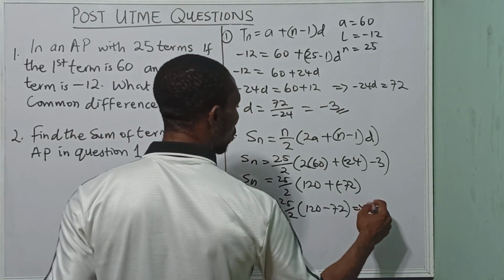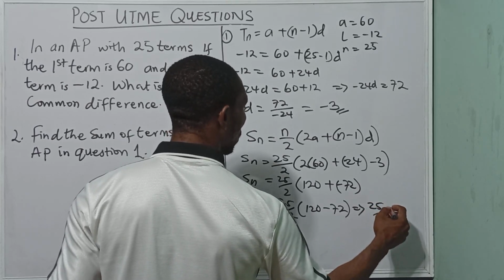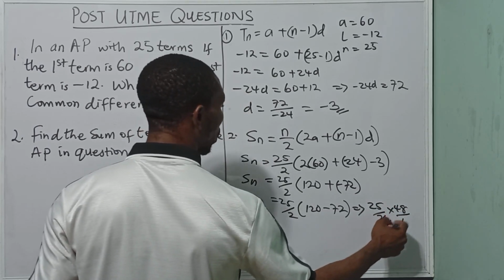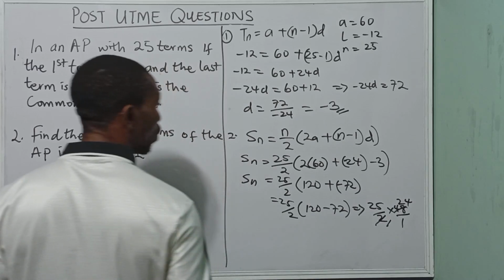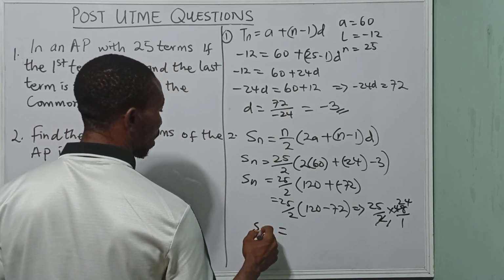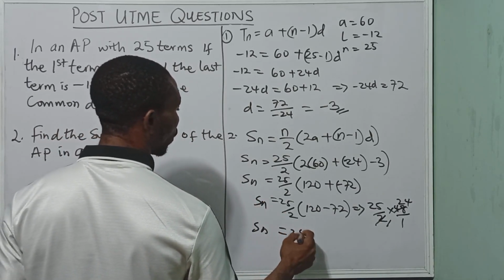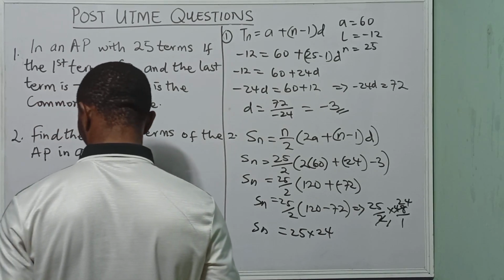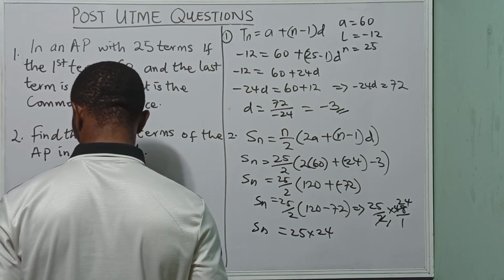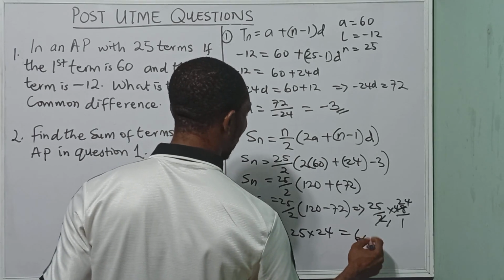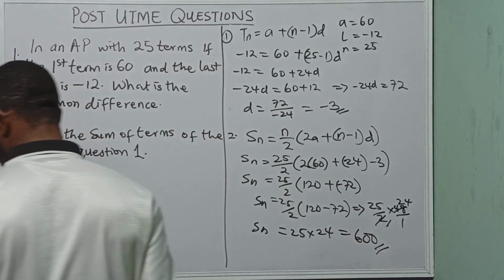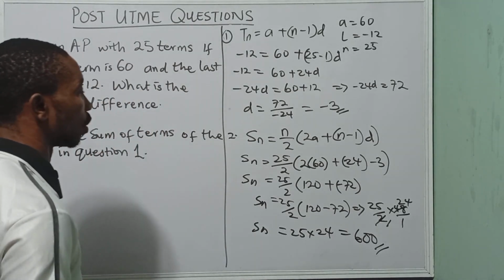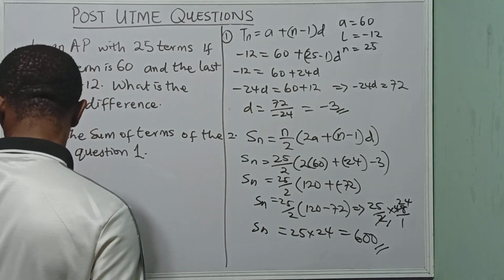So this gives us 25 over 2 times 48 over 1. 2 here goes into 48 to give 24, so Sn will be 25 times 24, which gives us 600. So the sum of terms for this arithmetic progression will be 600.